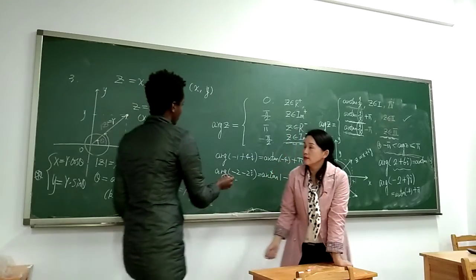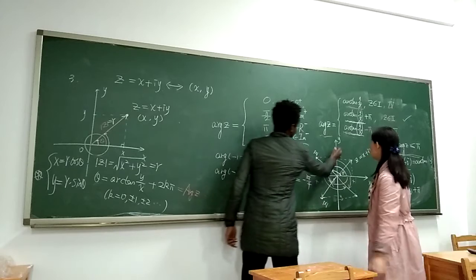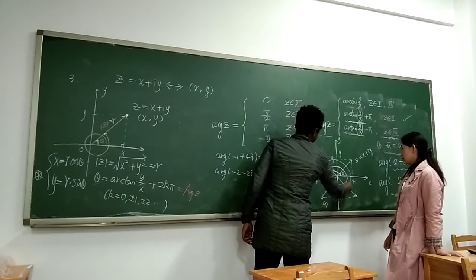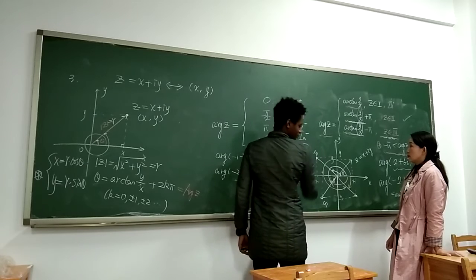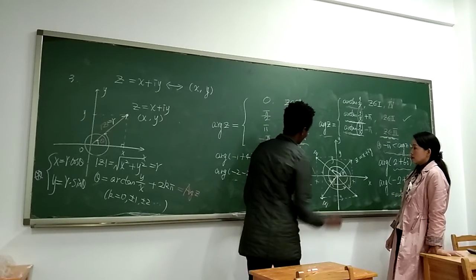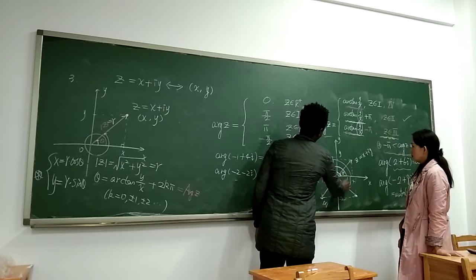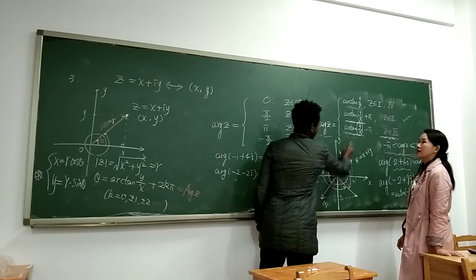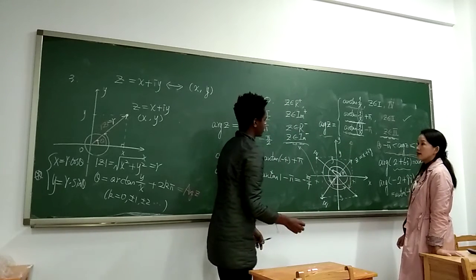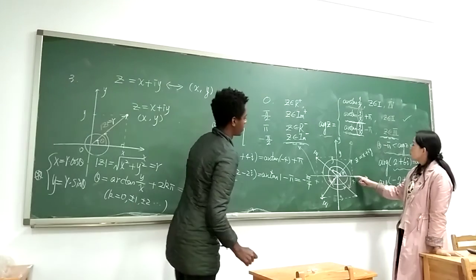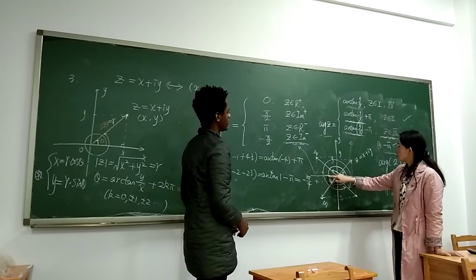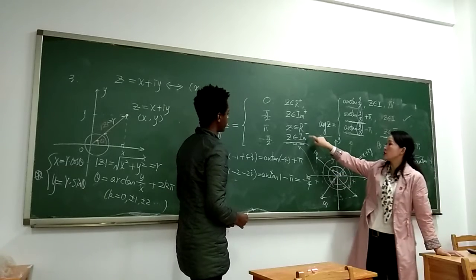Now about this graph. If it's this one, you're going to use this. But if it's this one, then you're going to use this. It seems the same. If they belong to this one, this one, this one, and this one, use this one.